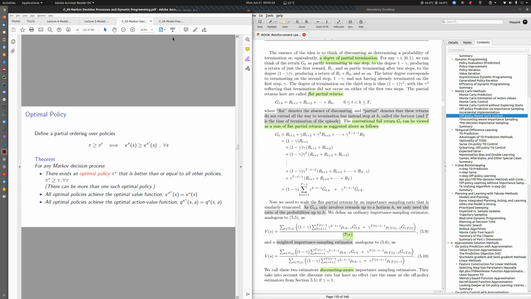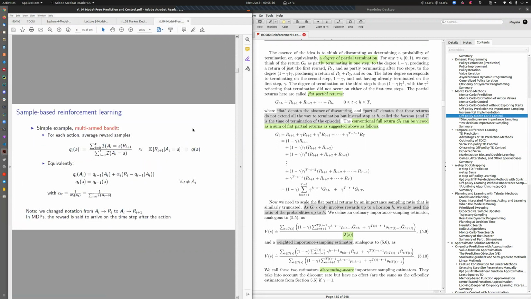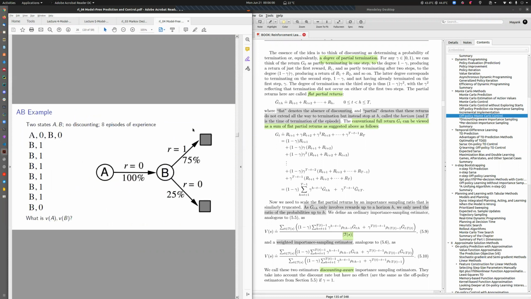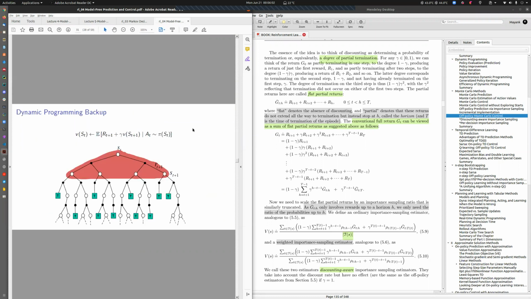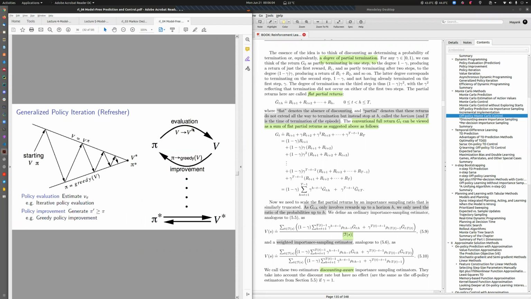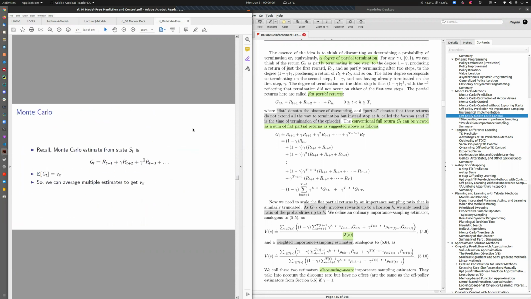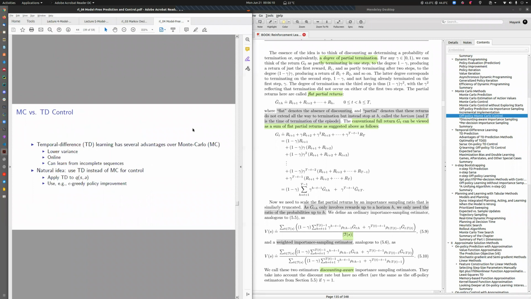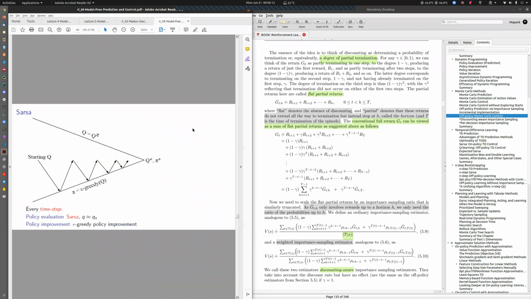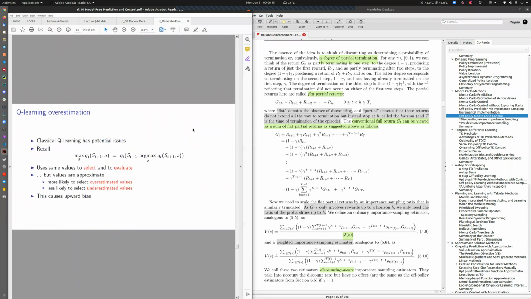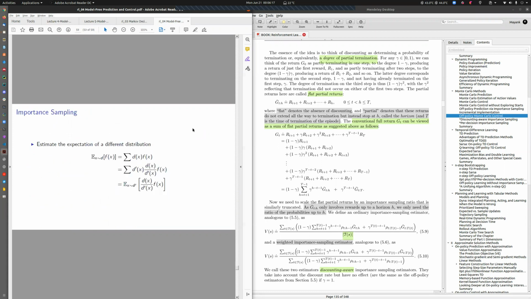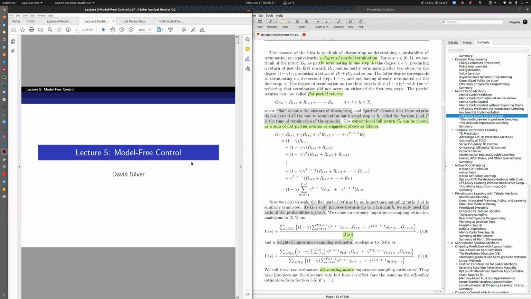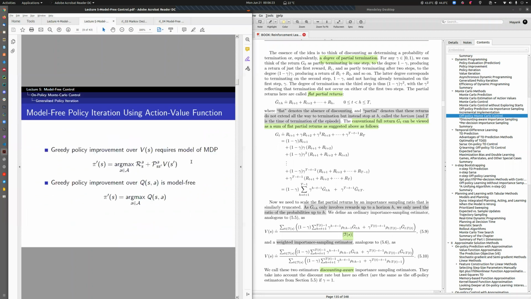Let me find this. This is the only figure that we have.